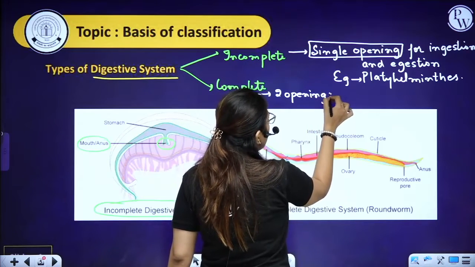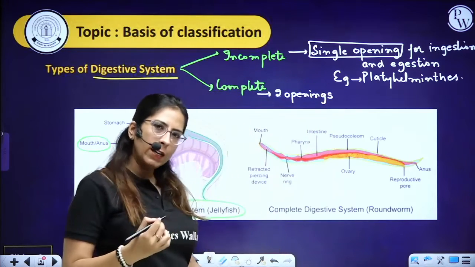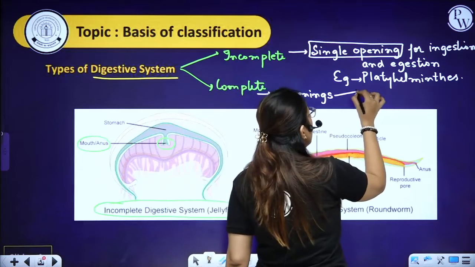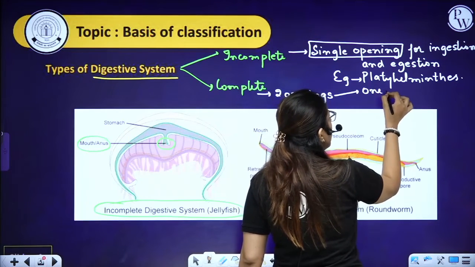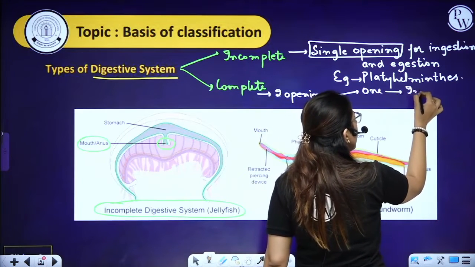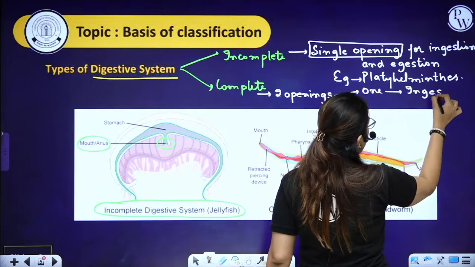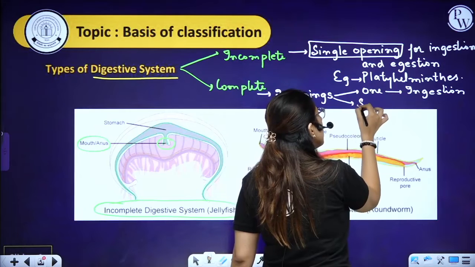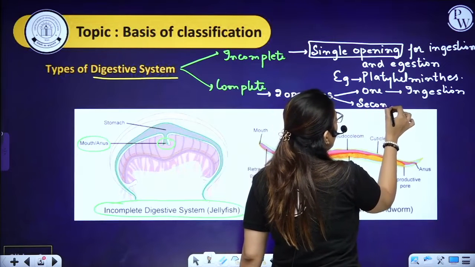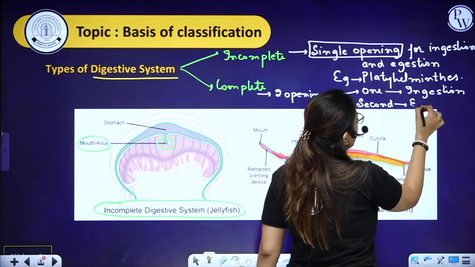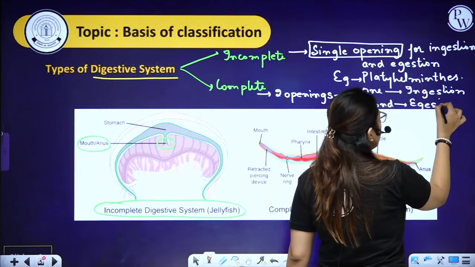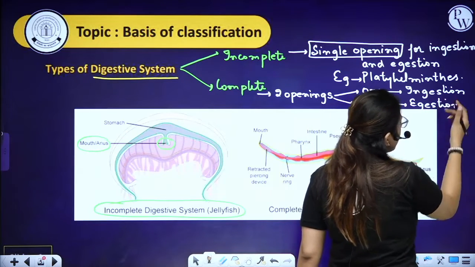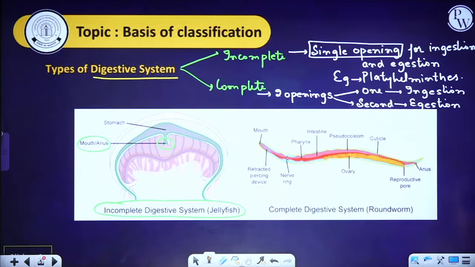One opening is for ingestion, that means from where the food will enter, and the second will be for egestion, that is removal of food. Ingestion means taking in the food, and egestion means removing the food.